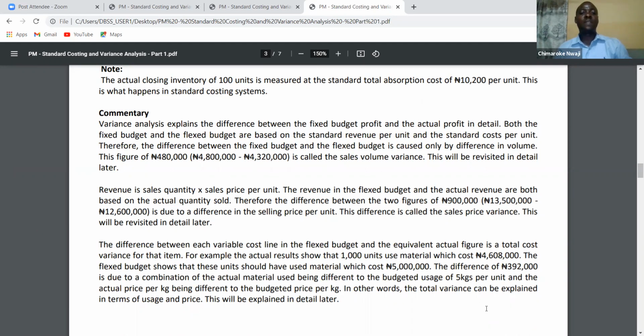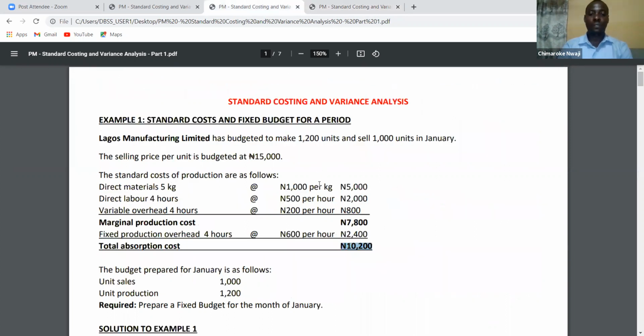Therefore, the difference between the fixed and the flex budget is caused only by difference in volume. And when we find a difference in the fixed revenue amount and the flexed revenue amount, let me show you.